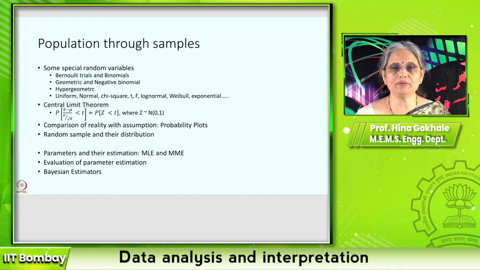And in this we came to the central limit theorem, which said that for a very large value of n, that is, a large sample size, the sample mean minus the population mean divided by the population standard deviation over square root n behaves like a normal random variable with mean 0 and variance 1.